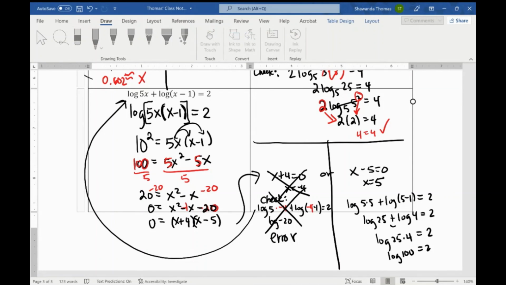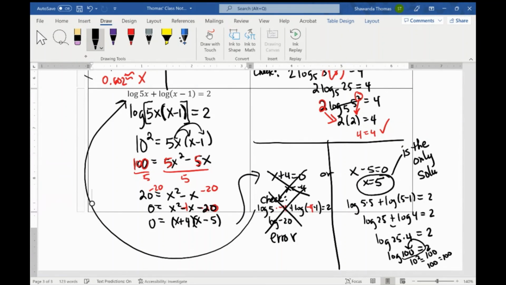Since this is base 10, we can put this in exponential form and say, is 10 squared 100? So 10 squared equals 100? Yes. 100 equals 100. So that's how we know that x equals 5 is the only solution to this problem.